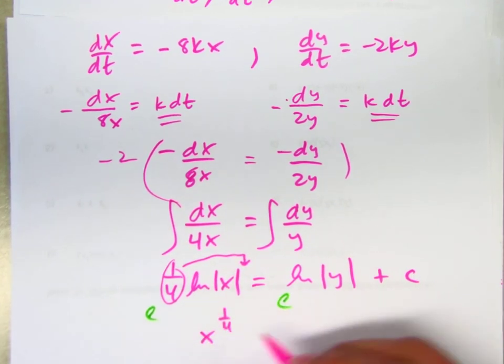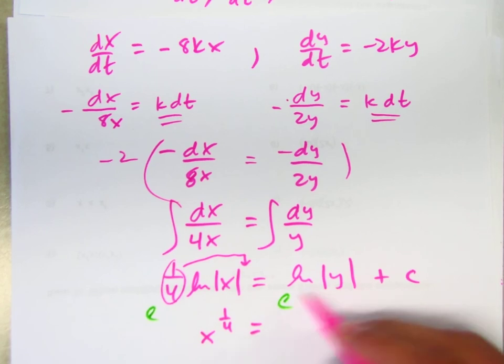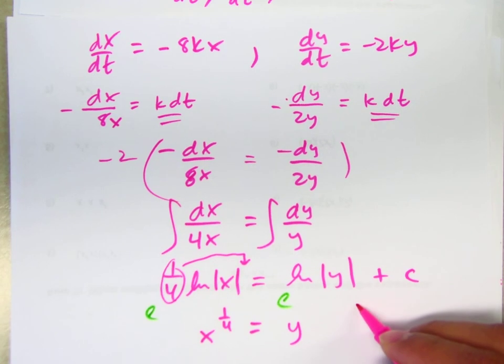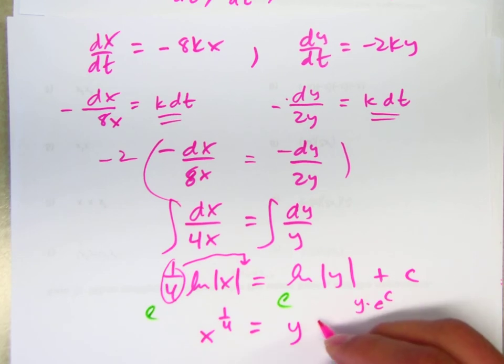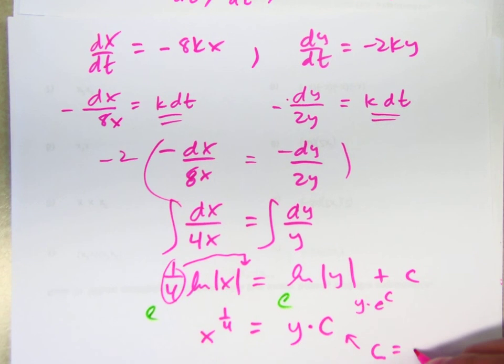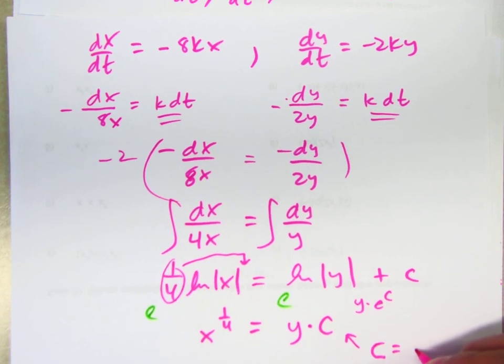This is just going to become y. And so this becomes y times e to the c, basically. We can just create a new constant where big C is going to equal e to the little c.